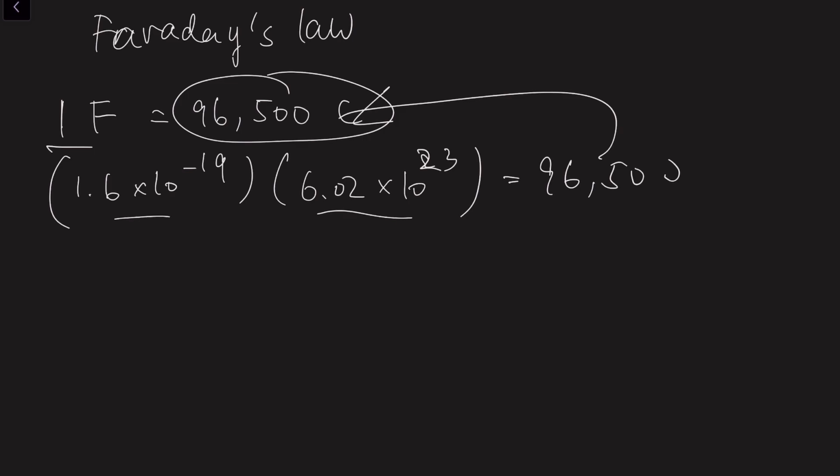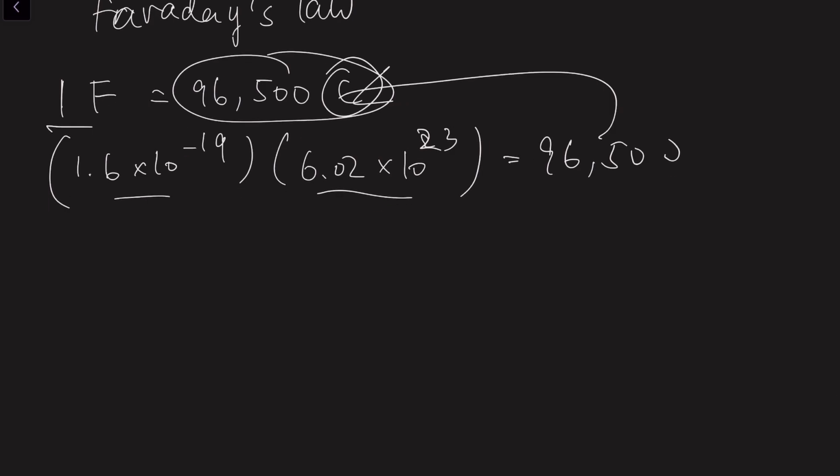So I have mentioned coulombs of charge many times. So maybe let's have a look at what this actually is composed of. Coulomb is a unit of quantity of charge. So the quantity of charge has the unit C. The quantity of charge is equal to the amperage times time, which is measured in seconds. So Q equals IT.